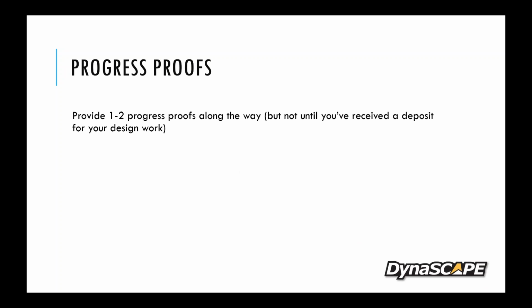So progress proofs. We have all of our information. We're starting to do the drawing, and now we need to start getting to the point where we can submit this to our customer. One of the things I used to do, and I still do, which pacifies your customer a little bit and lets them know you're on their project, is providing them progress proofs.